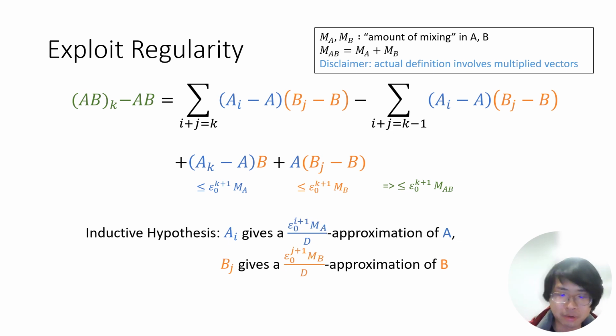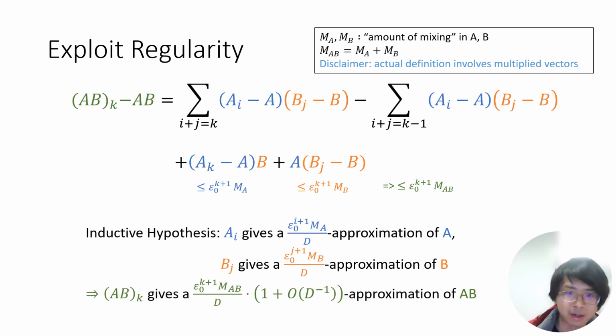And how we do this is by observing that each term in the first two summations is a product of small error matrices. So we take our inductive hypothesis and make sure that we divide the whole thing by an extra factor D in the denominator instead. So if we have two matrices multiplied together, then we get a 1 over D squared denominator, and this is much less than our target error.